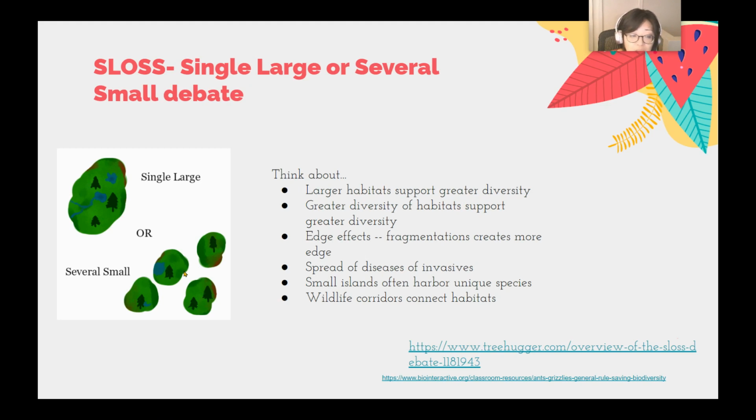So depending on what you're trying to protect, it might be great for edge species, not good for some others. When you have one large habitat, it's easier for diseases and pests to spread because it's all intact. If it's isolated, these diseases and pests could also stay isolated. So that's an argument for having several small ones, right?